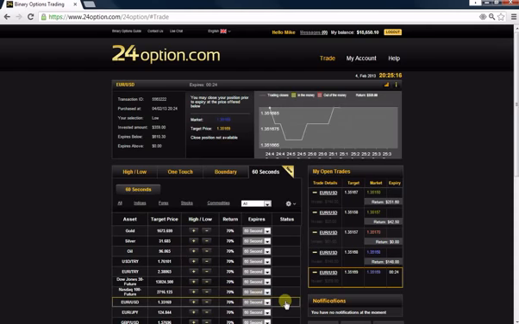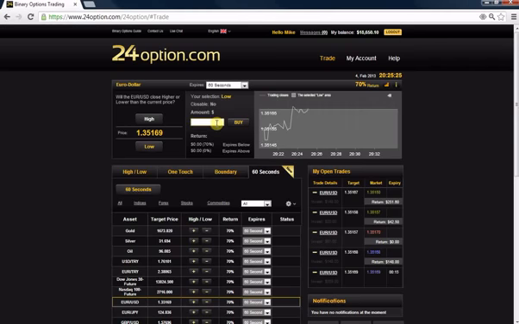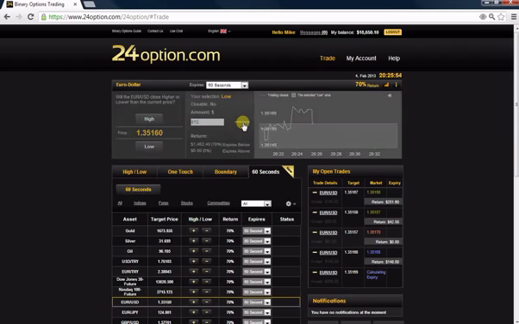Okay, we're gonna hit Euro US dollar. Go with low. Our next trade is gonna be $872. If we lose this trade, okay, we're going to wait to see what the outcome of this trade was. Okay, we're going to purchase our next trade.